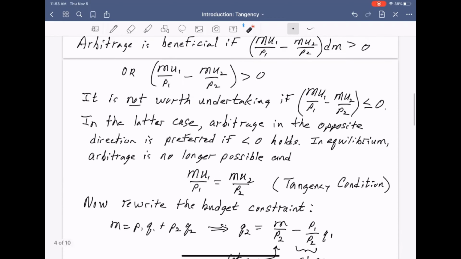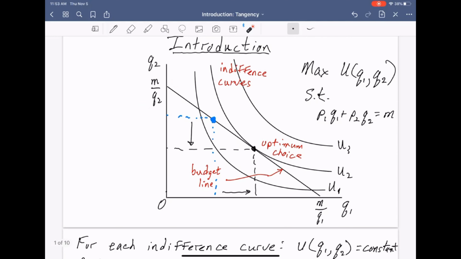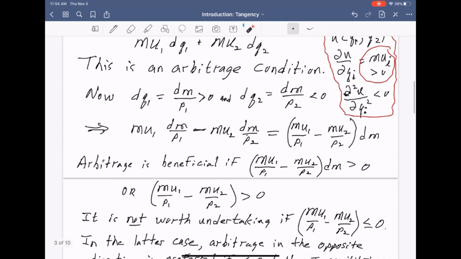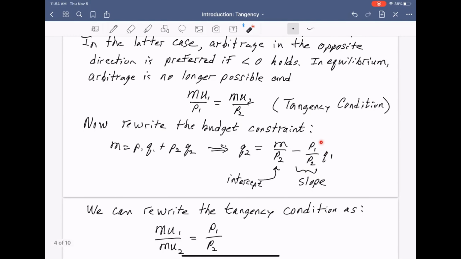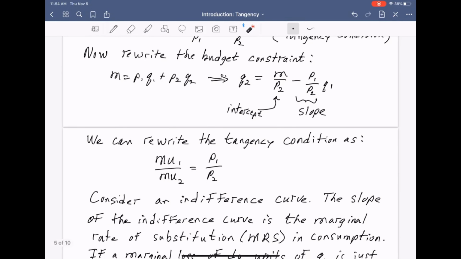Remember, if we go back to the top here, this is the intercept of the budget line. And the slope of that budget line is given by this value here. All right, and it's negative, so it's negative P1 over P2 times Q1, and negative P1 over P2 is the slope.